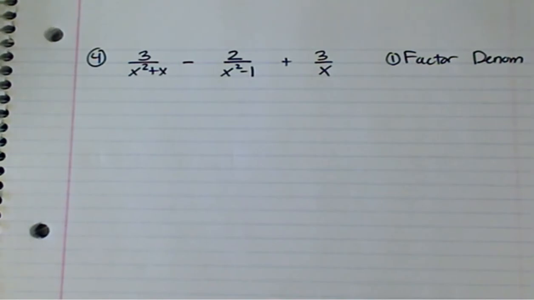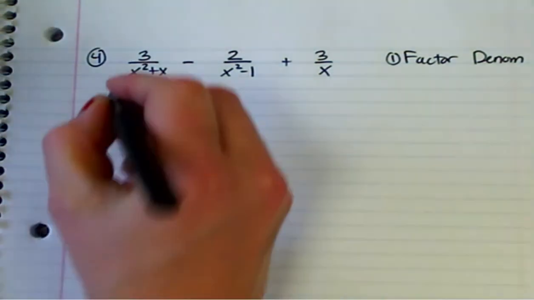First step, if we're going to figure out what factors we have, we're going to need to factor the denominators. Now, I'm not going to rewrite the problem. I'm just going to factor it right underneath the existing denominators.